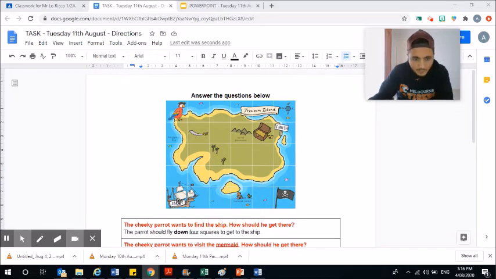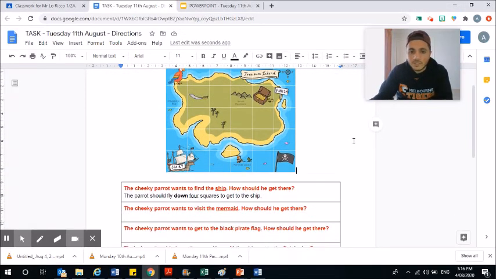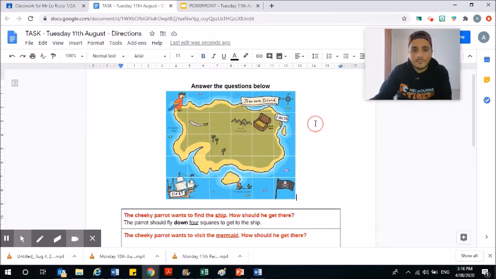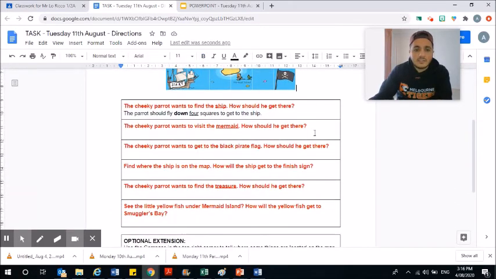So the answer will be the parrot should fly down 4 squares. 1, 2, 3, 4. Fly down 4 squares to get to the ship. That is the answer for the first one. We're using our directional language. The word down is one of the important words that we need to know this week.